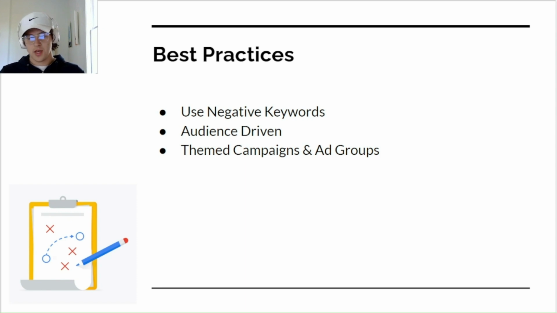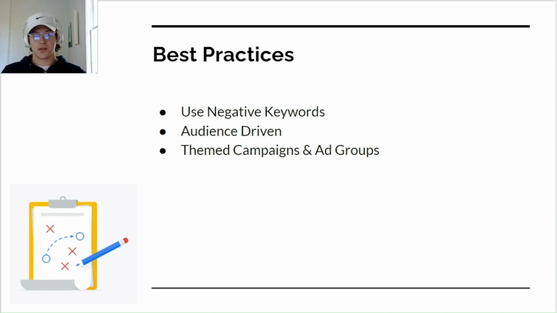Number 2, this is really audience driven, right? So it's important to look at your keywords as ways to build out specific targeted audiences. If you're a law firm, you might have a personal injury branch. You might have a business and corporate branch, right? Utilize really specific relevant keyword groups together so that, again, it's audience driven. You're sending all your PI law firm leads to a certain landing page and a certain experience.